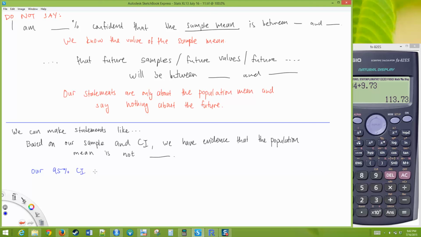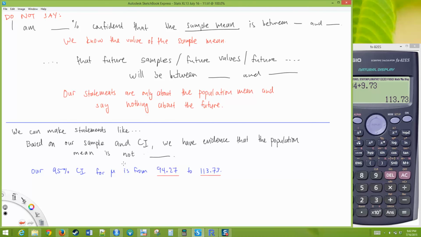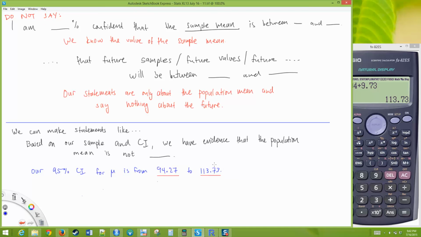So our 95% confidence interval for mu is from, what was it, 94.27 to 113.73. I think that's what we have. Well, whatever it was, let's just work with this. Based on this confidence interval, we have evidence that the population mean is not any number outside of the interval.